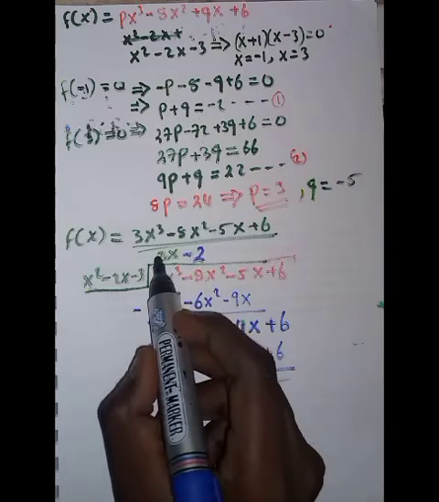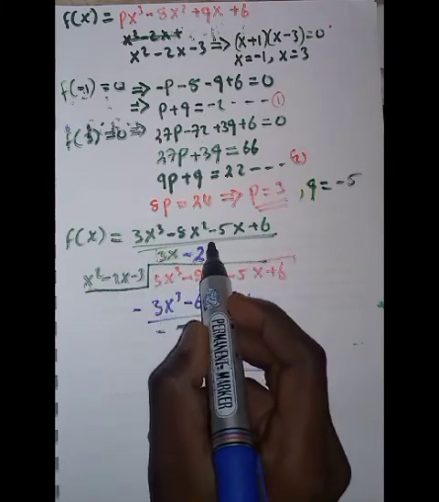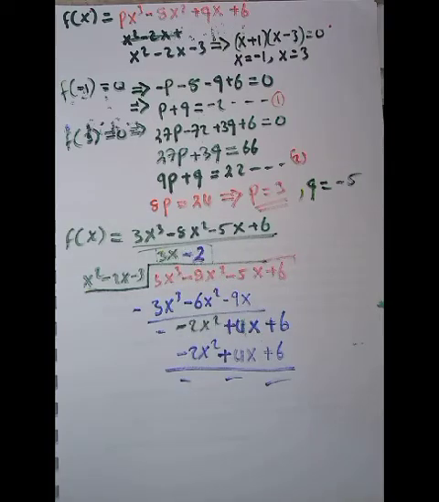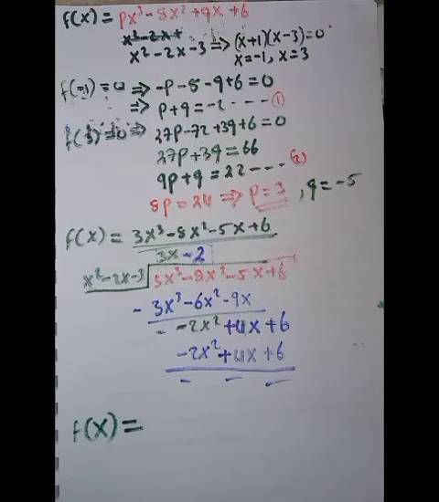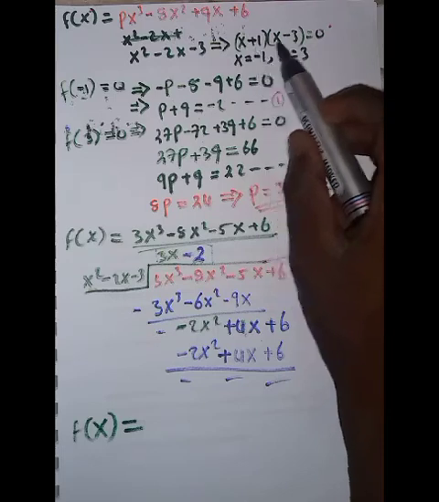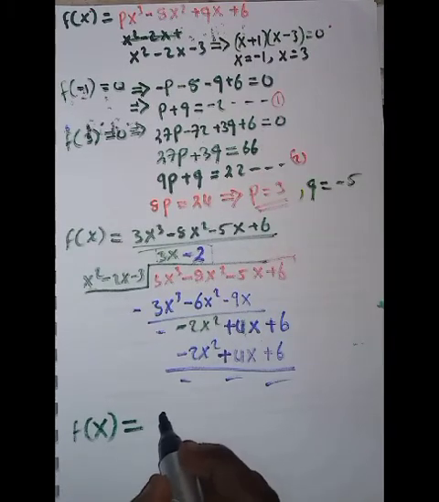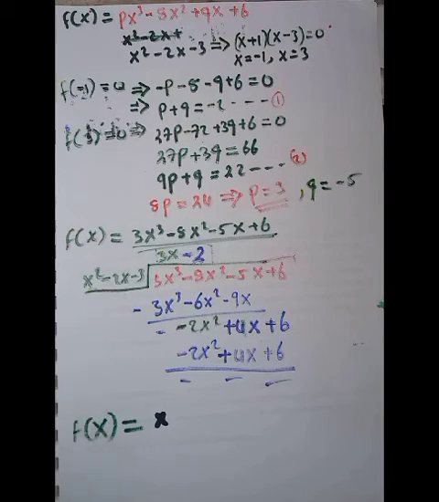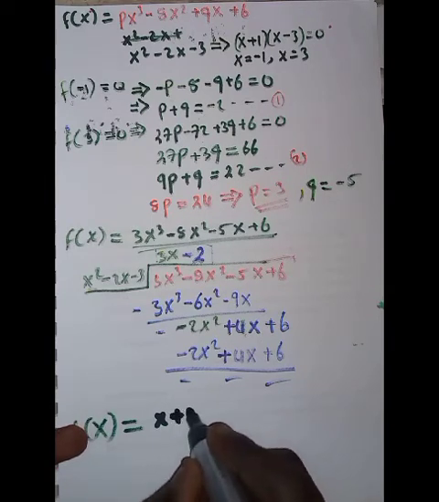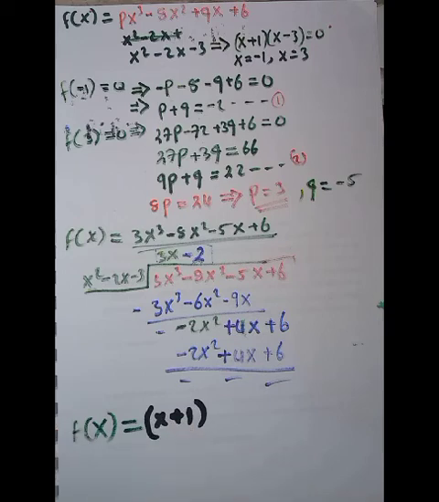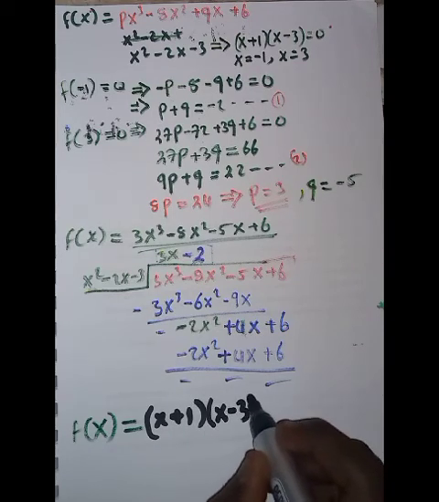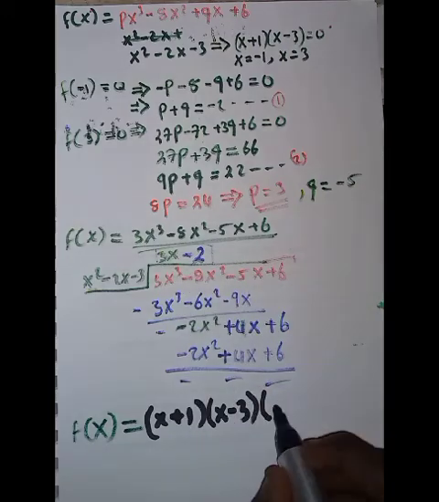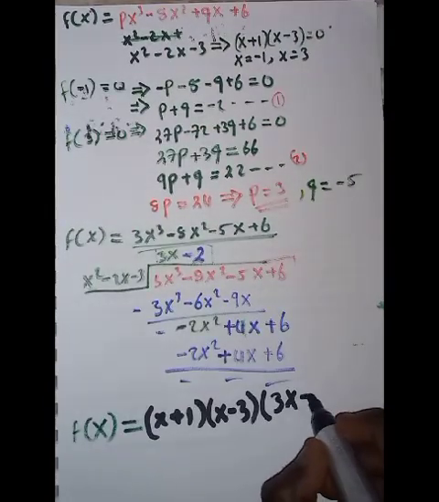Good. So now this is the other factor in which we're interested. So to factorize f of x completely, we put in these factors: x plus 1 into x minus 3 into this one now, which is 3x minus 2.